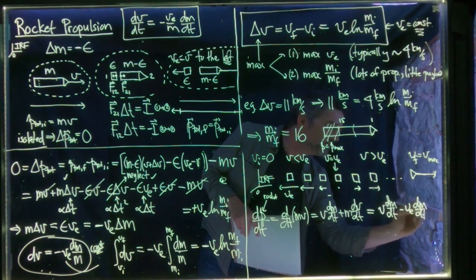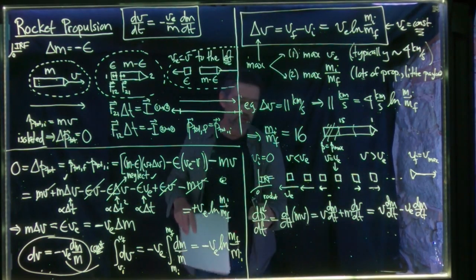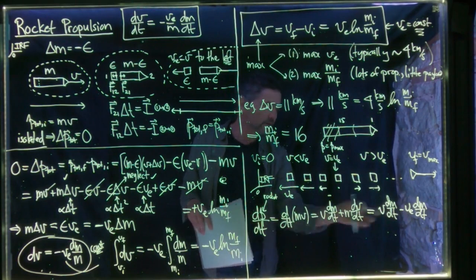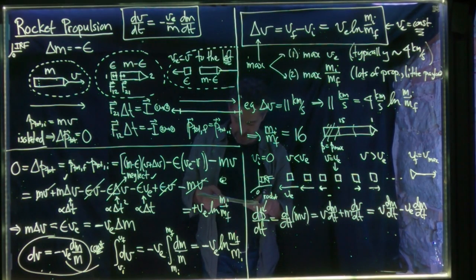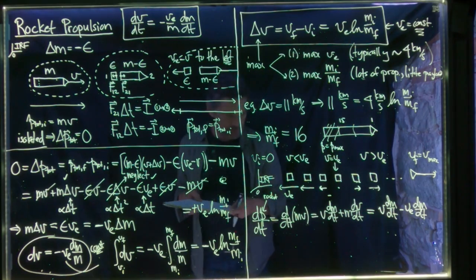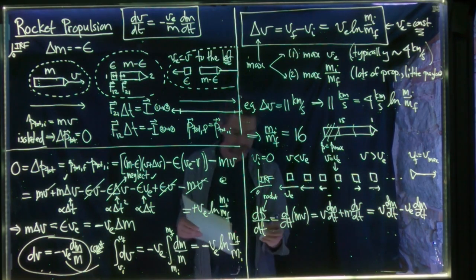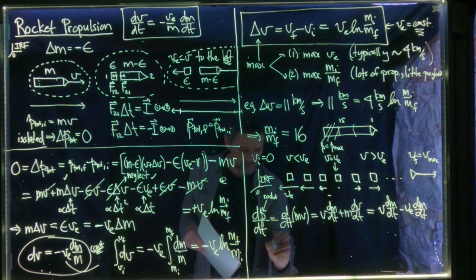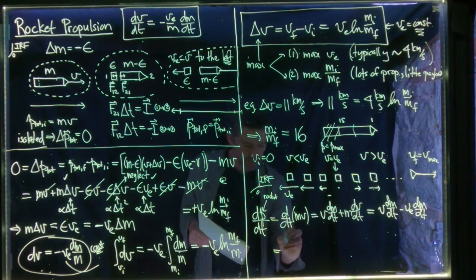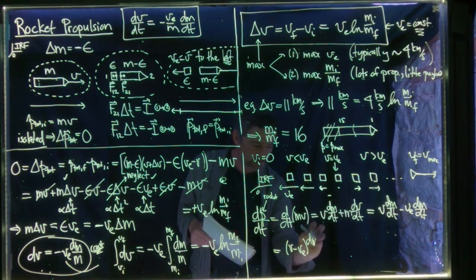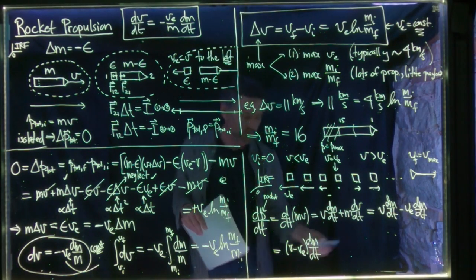So this is nice. The rate of change of the momentum of the rocket is dm dt, the common factor, times v minus ve.